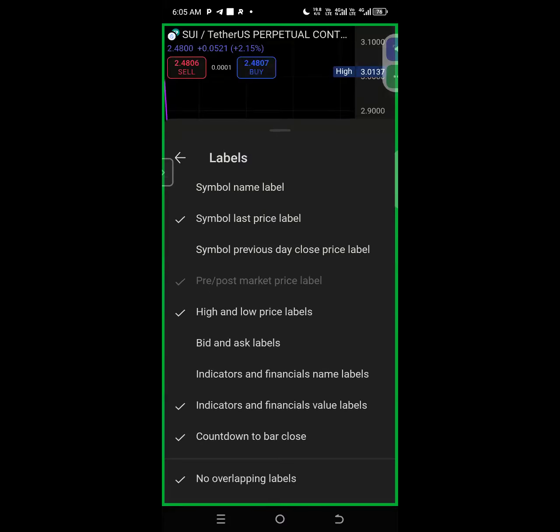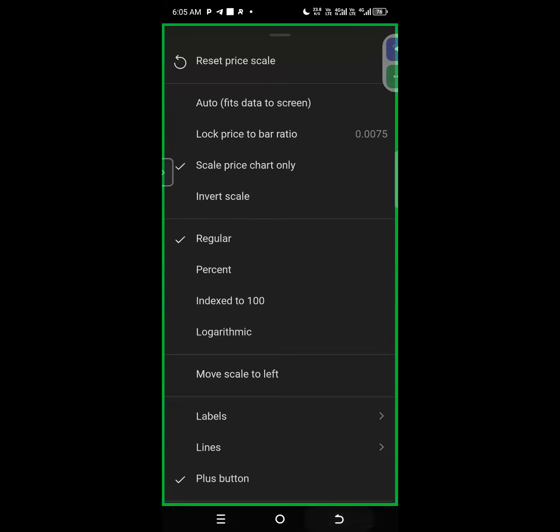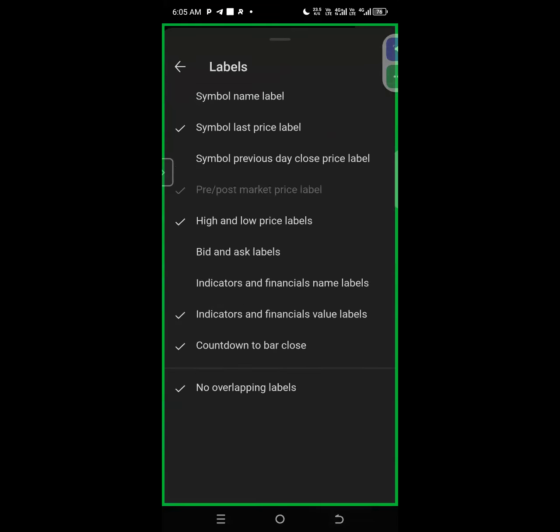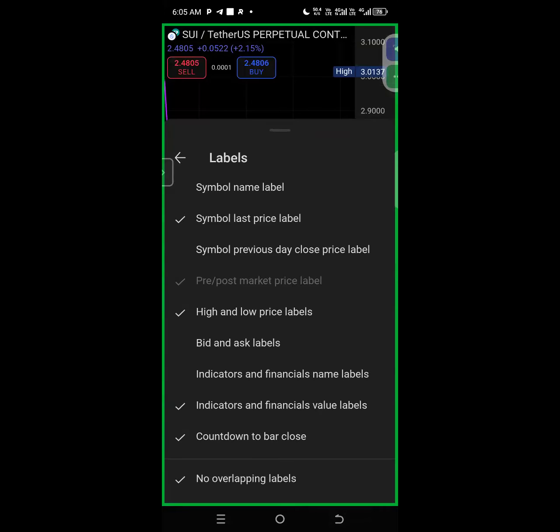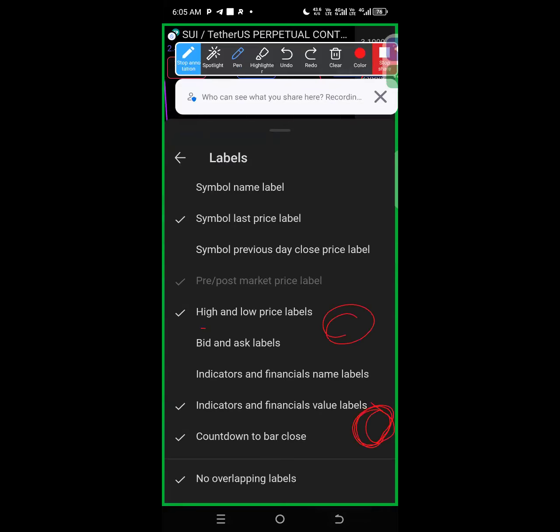So either it's labels. Very good. So here it is. Come to labels, okay? When you come to labels, you see you have highs and then lows.